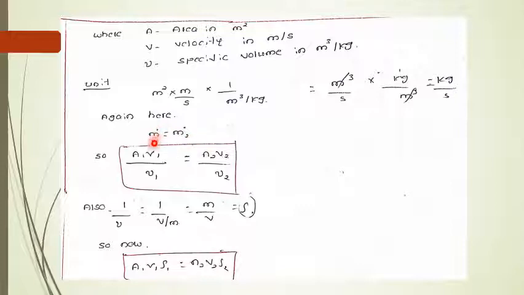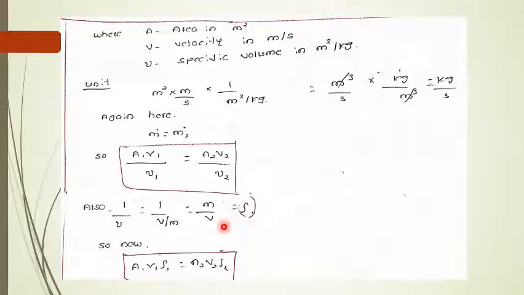If you substitute the m dot value from the continuity equation, the discharge is A1 into V1 by small v1, equals A2 into V2 by small v2. Small v is volume per unit mass, the specific volume in meter cube per kg. So 1 by small v can be written as m by V, mass per unit volume, which is nothing but density.